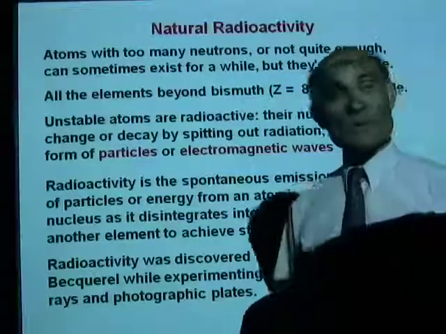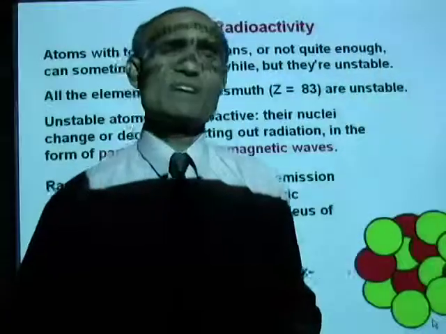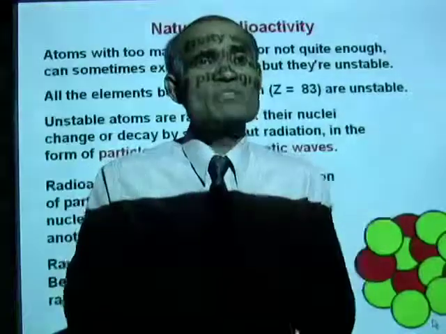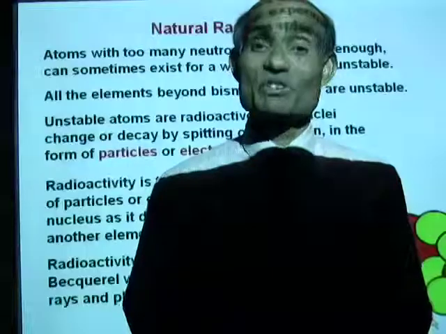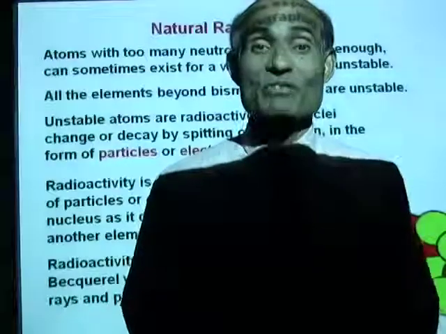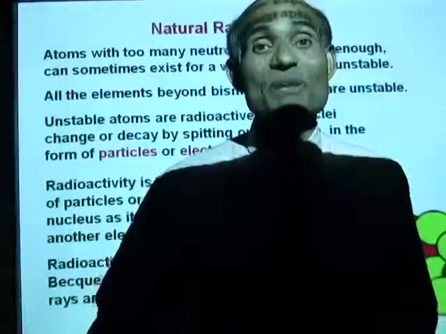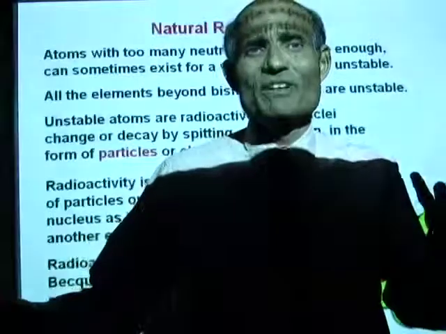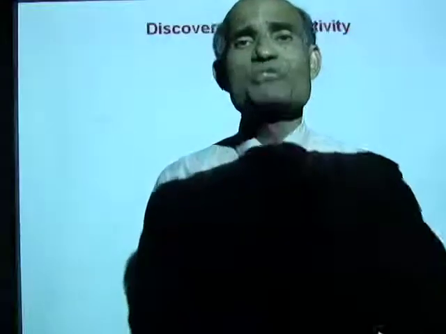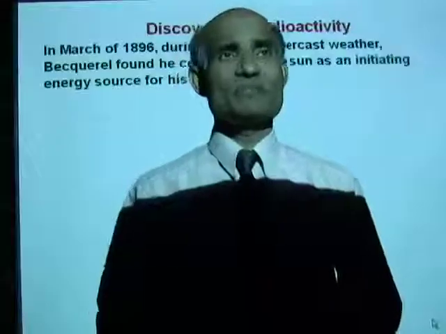So let's start by discussing how radioactivity was discovered. Like many other scientific discoveries, the discovery of radioactivity actually happened by some accident. Now, what kind of accident did happen that led to the discovery of radioactivity?